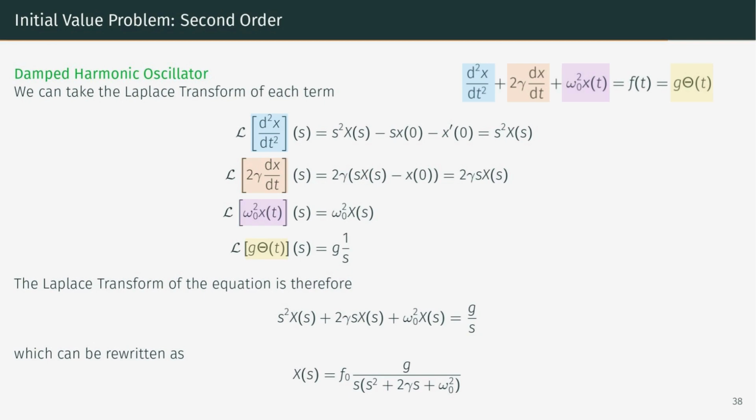And we can rewrite this as x of s equals g over s times s squared plus 2 gamma s plus omega naught squared.